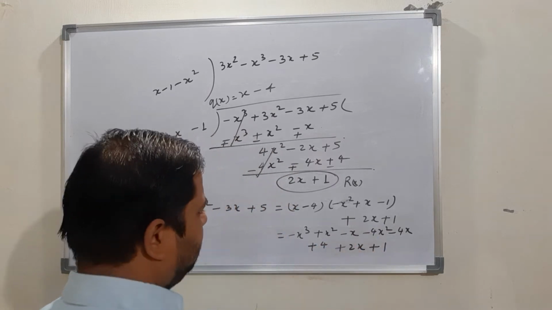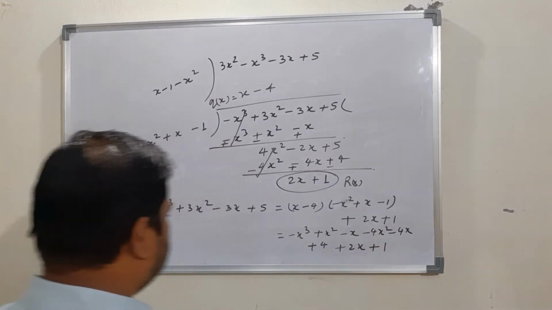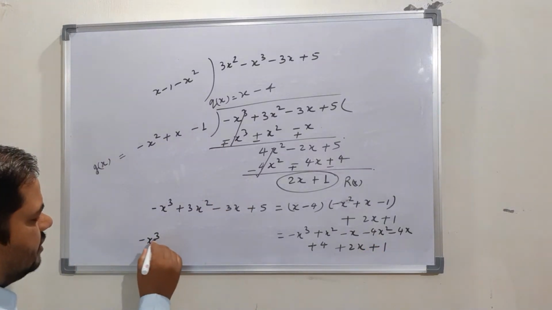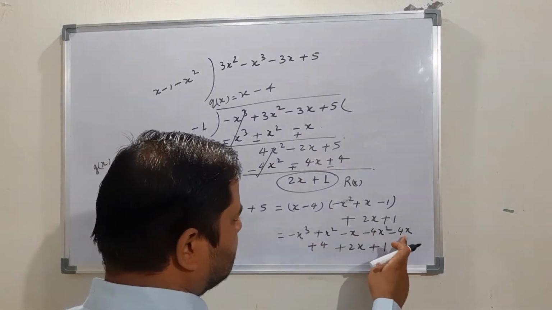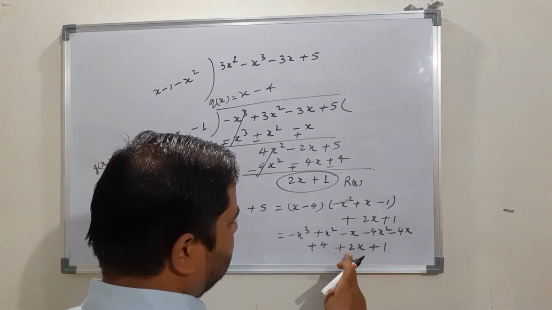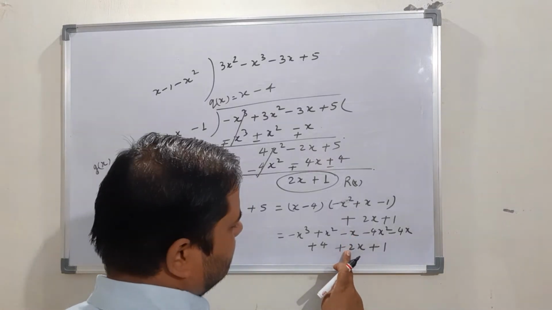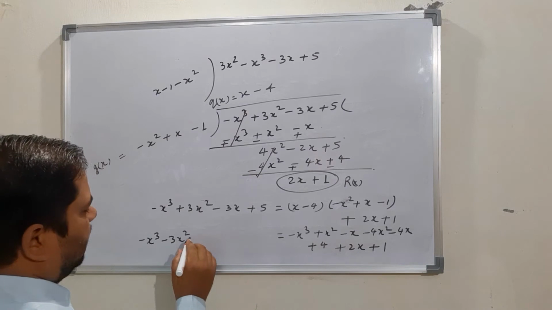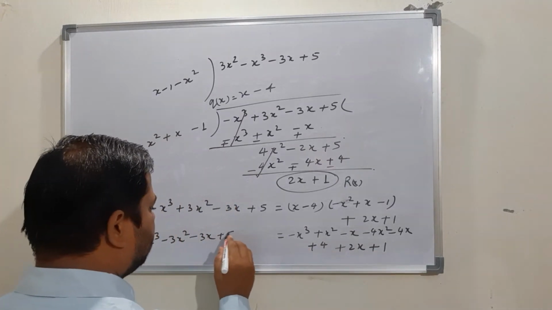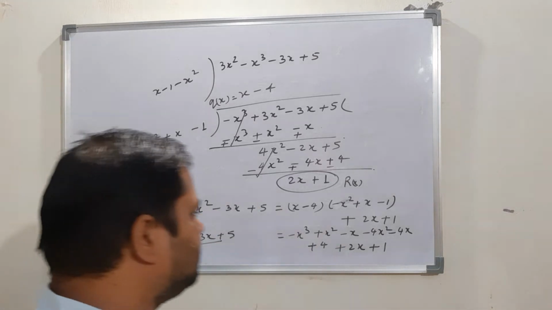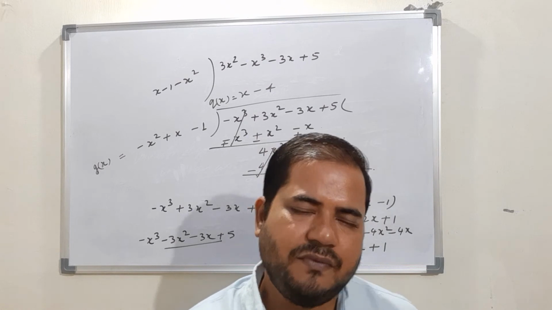After solving it, minus x cube, and x square minus 2x square gives minus... so minus x cube plus 3x square, and minus x plus 2x... you can see the RHS of this equation is the same as the LHS, that's why it is verified.